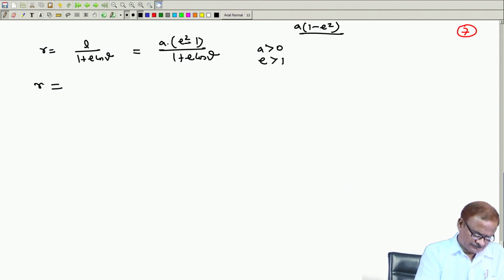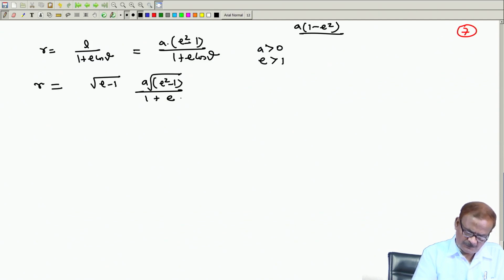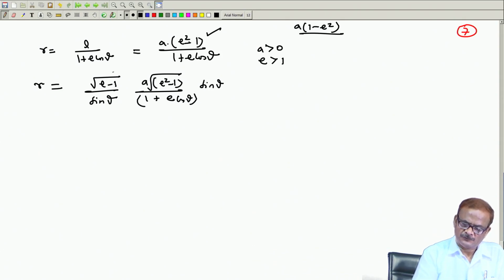Thereafter, we have, we break this term square root of e square minus 1 into two terms here, and in the denominator we write sin theta and the numerator also we write sin theta.